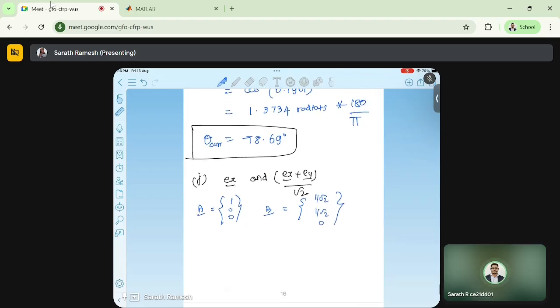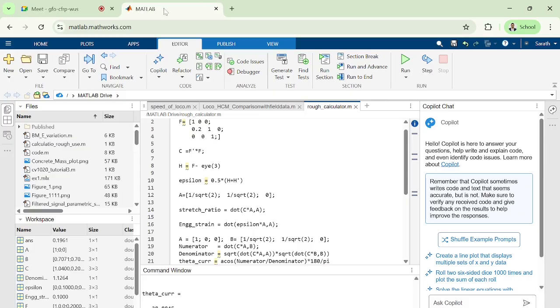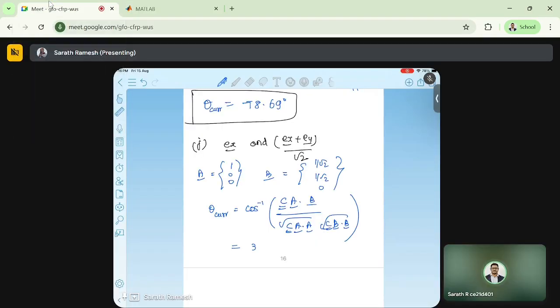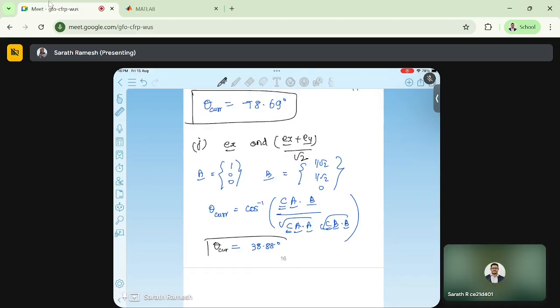And theta in the current configuration was cos inverse of CA dot with B by square root of CA dot with A, square root of CB dot with B. So this turned out to be 38.88 degrees, right? That's it.